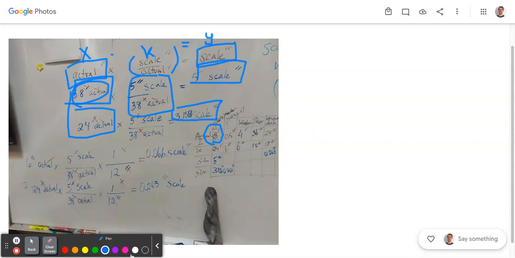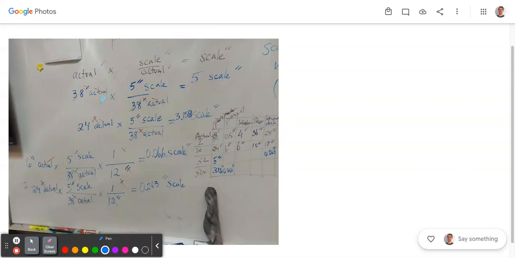Okay, so let's do one together. Let's start with 38 actual feet. Let's multiply it by the scale factor, and let's get the scale length, this. So 38 actual feet multiplied by 5 scale inches divided by 38 actual feet. We ask ourselves, what cancels?